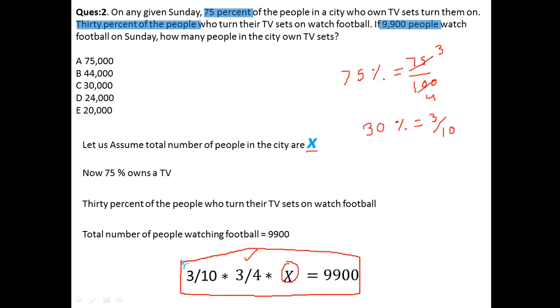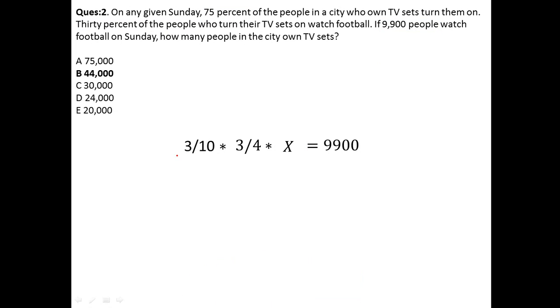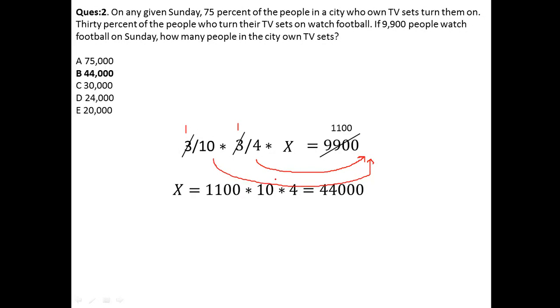So compare both the quantities, right? Cancel out this 3: 3 ones are 3, and 3 1100s are 3300. Take this 4 this side and multiply it. Take this 10 this side and multiply it. What I get? X is equal to 1100 into 10 into 4. That gives me 44,000. So this was a very simple question. So the answer to the question is option choice B, that is 44,000.